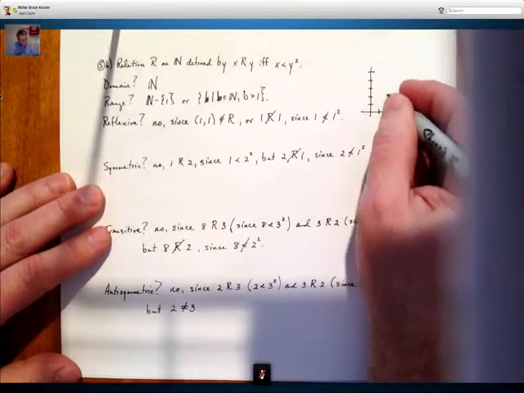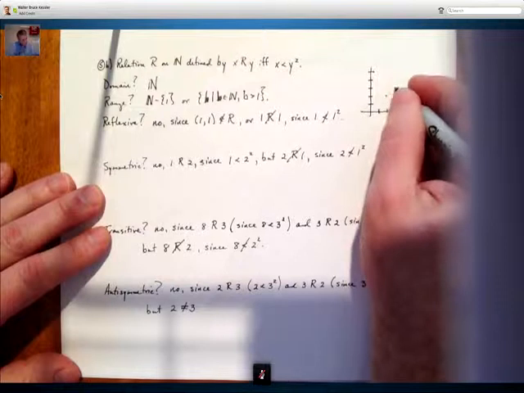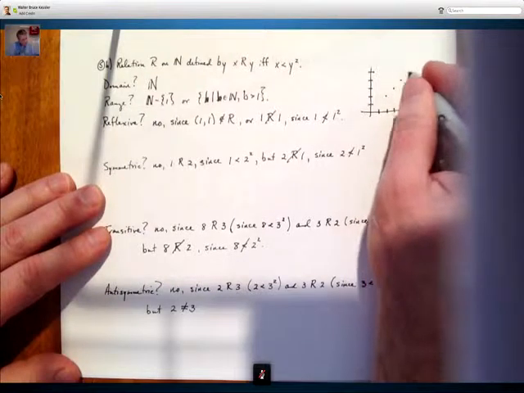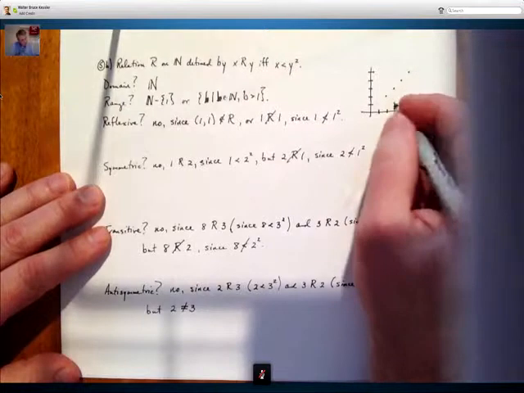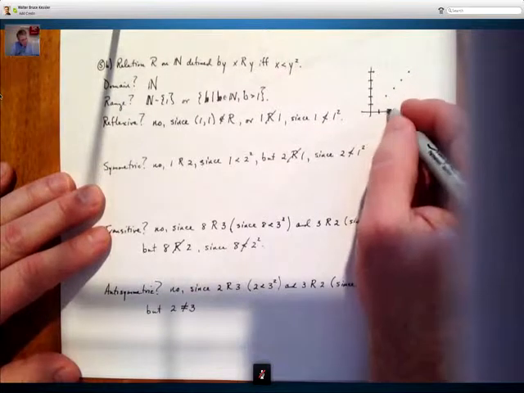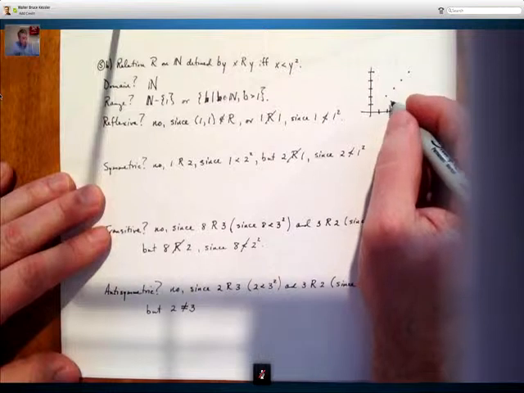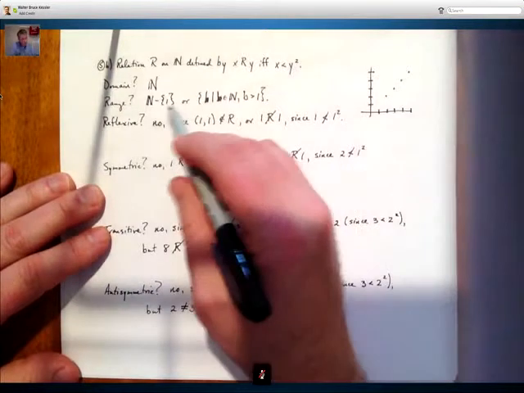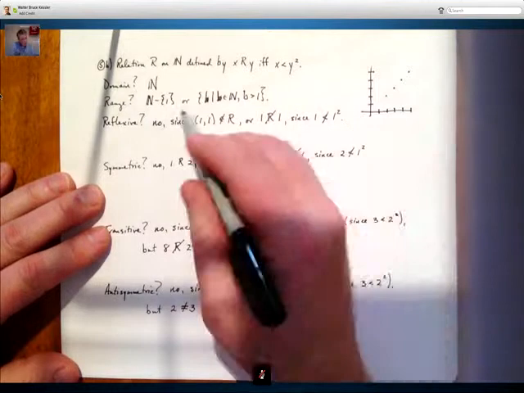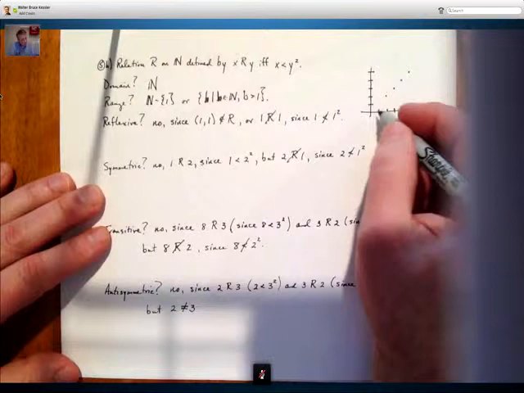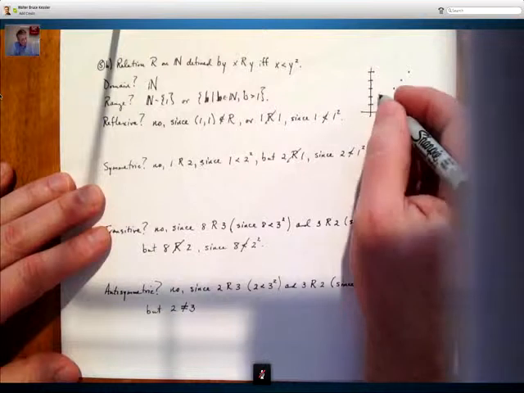The rest would be 2, 2, 3, 3, 4, 4, 5, 5, and on. 2, 1 is not going to be, in fact, 1 we've talked about won't be in the range of this at all. So nothing down along here.